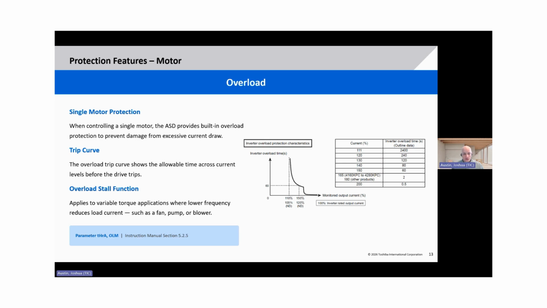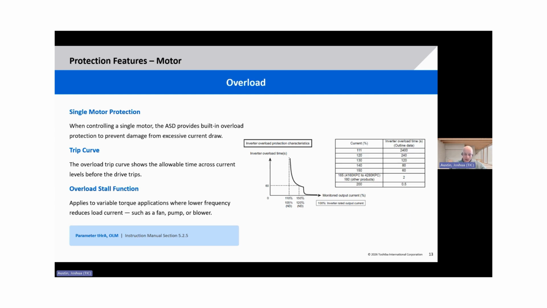The drive is also going to have an overload stall function. What that allows you to do, especially on variable torque applications, is if you enable this stall function, the drive will try and prevent the motor from going into an overload condition.